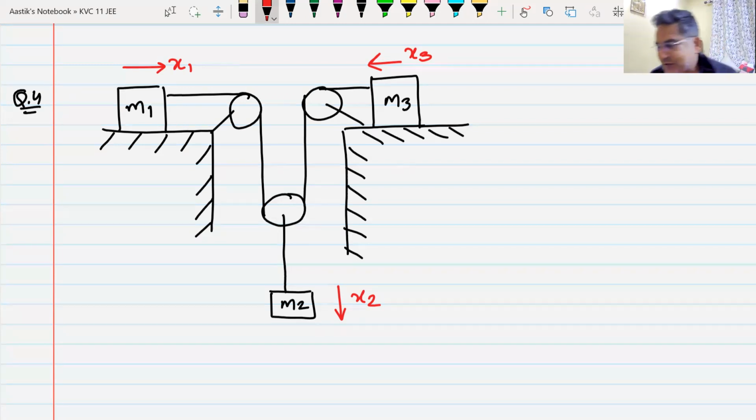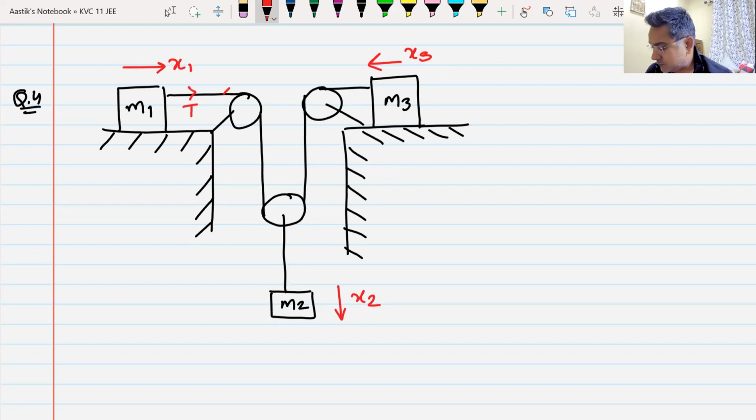Well done. So now you understood that even just by looking at the diagram, you should be able to tell me the constraint relation. That is correct. x1 plus x3 is 2 times x2. Good. See, you don't have to do anything extravagant.